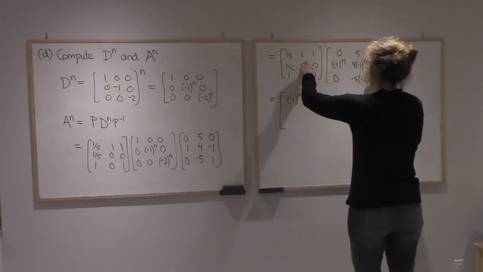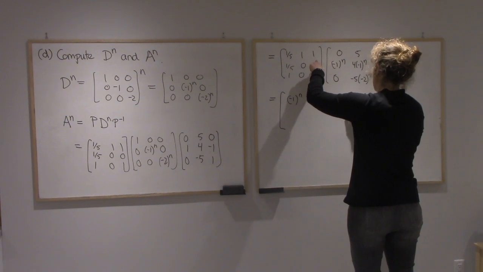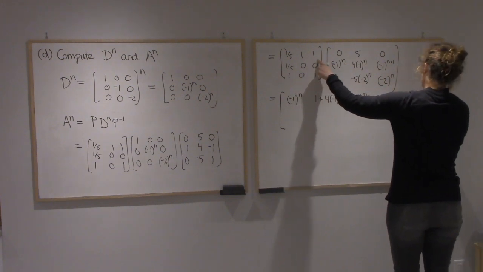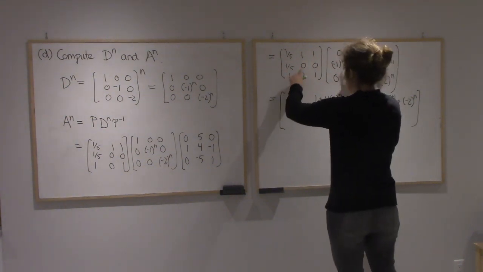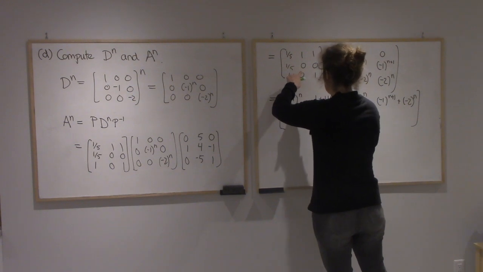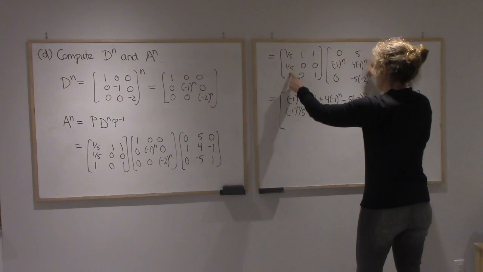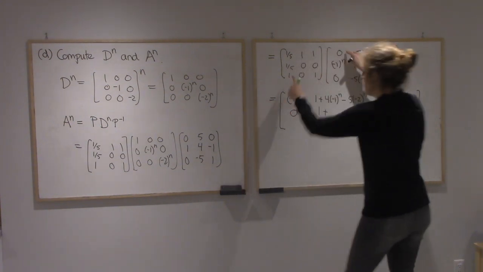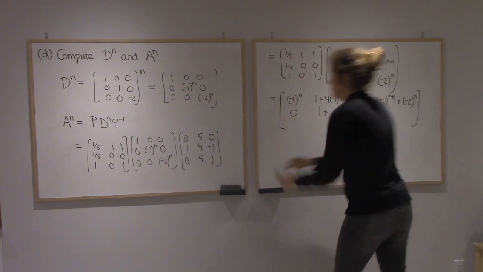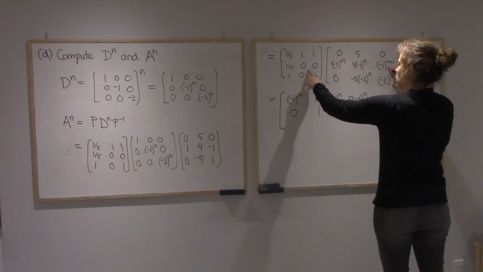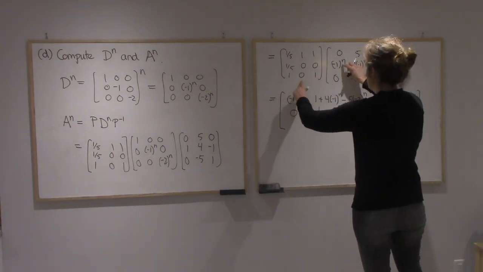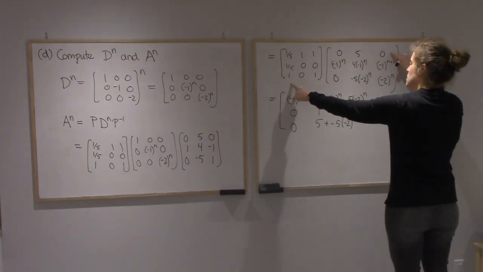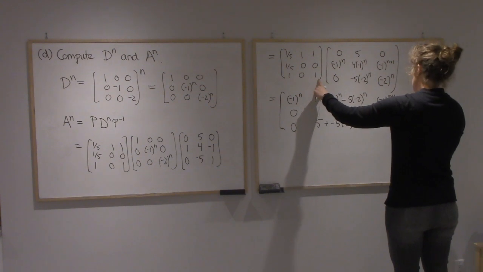Here I'll get 1 plus 4 times minus 1 to the n, minus 5 times minus 2 to the n, minus 1 to the n plus 1, plus minus 2 to the n. 0. 0, yep, 1, that's it. 0, pretty simple. 0 again, so 5 plus minus 5 minus 2 to the n. Minus 2 to the n.